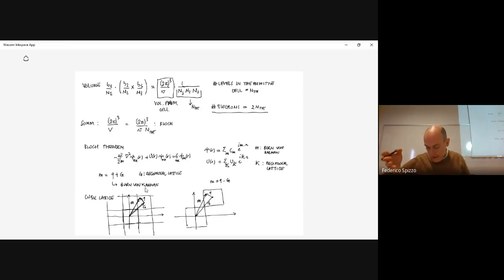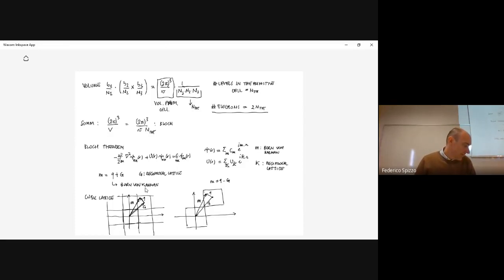So in both ways, G accesses the cell where the point of M is located, and then Q is just the final difference between the center of the cell and the point of vector M. So every time you have a vector in the reciprocal space, you may use this combination to write the expression of M.